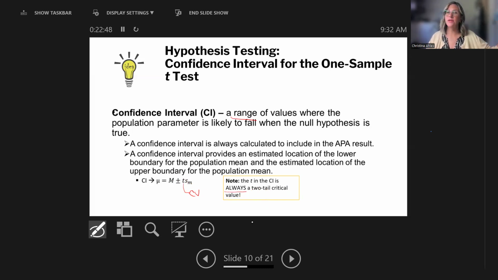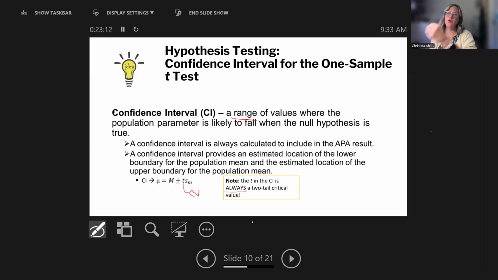So even if your original test, like when you look up that criteria, is one tail, when you calculate your confidence interval, you must calculate it as a two-tailed. Because that's a range. You can't have a range with only one number, and if it was one tail, it would only be one number. So you have to have two, the upper and lower.